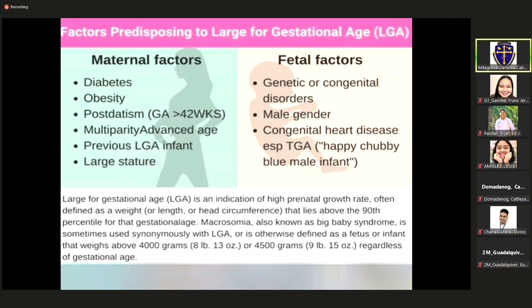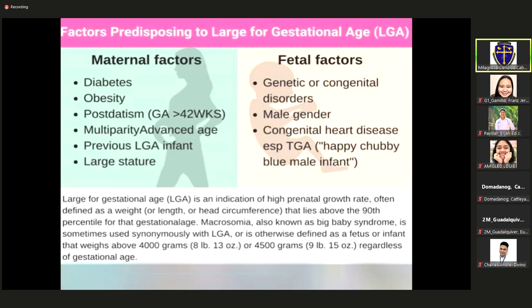Macrosomia, also known as big baby syndrome, is sometimes used synonymously with LGA or is otherwise defined as a fetus or infant that weighs above 4,000 grams, around 8 pounds and 13 ounces, or 4,500 grams, 9 pounds and 15 ounces, regardless of gestational age.